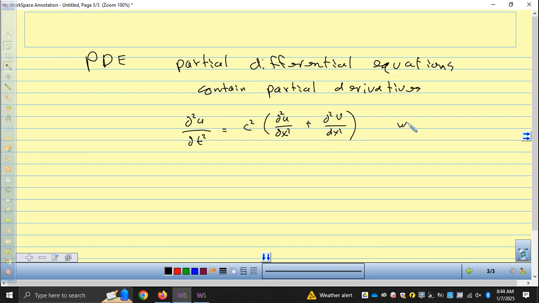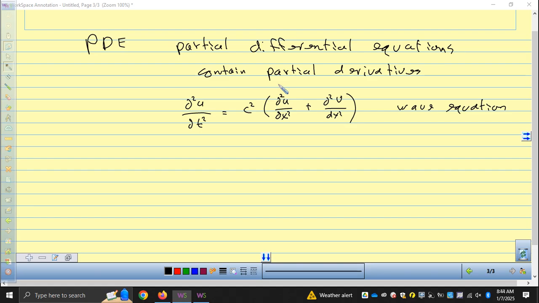This is the wave equation, a two-dimensional wave equation. This would describe something like ripples on a pond. U might be the z value, the height above the equilibrium, or something like that.